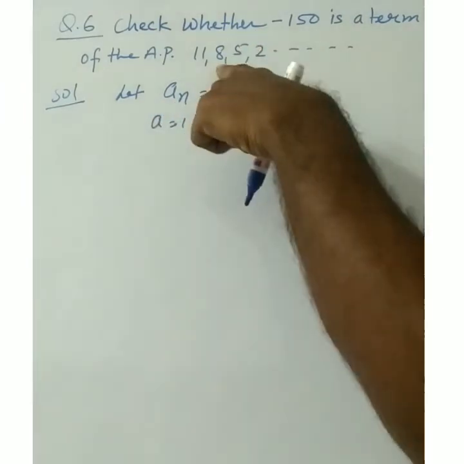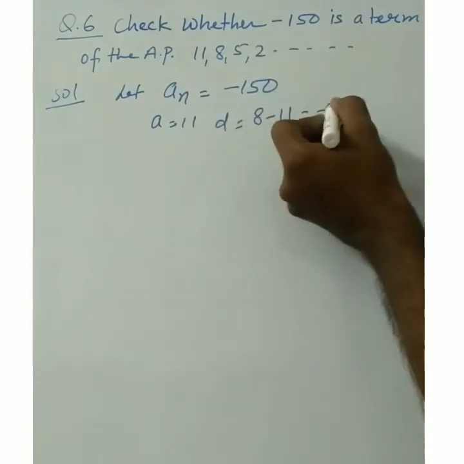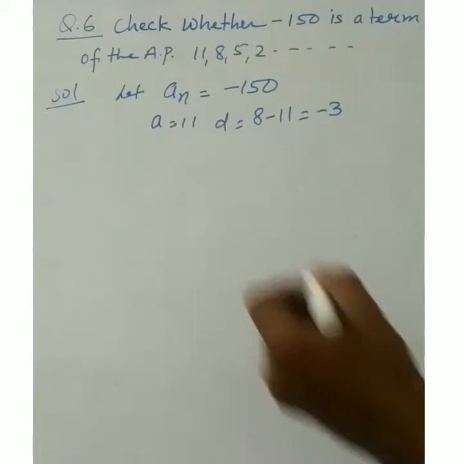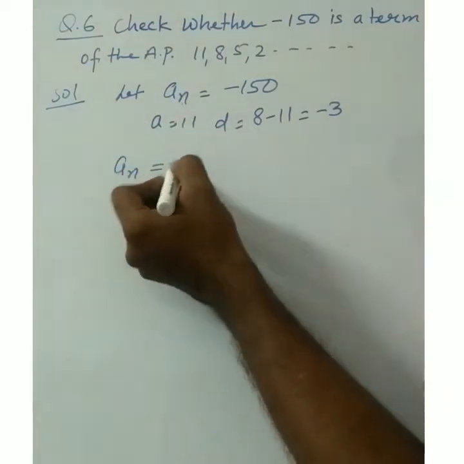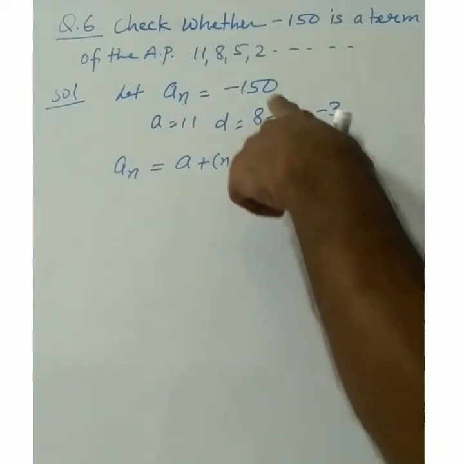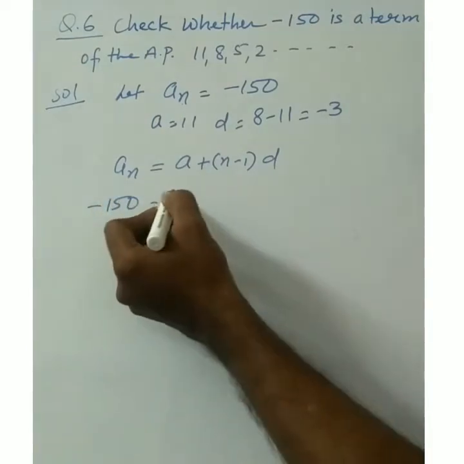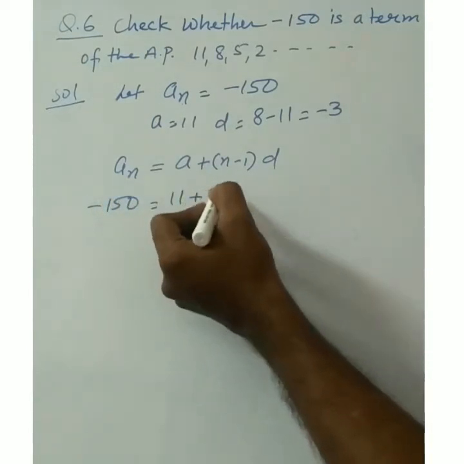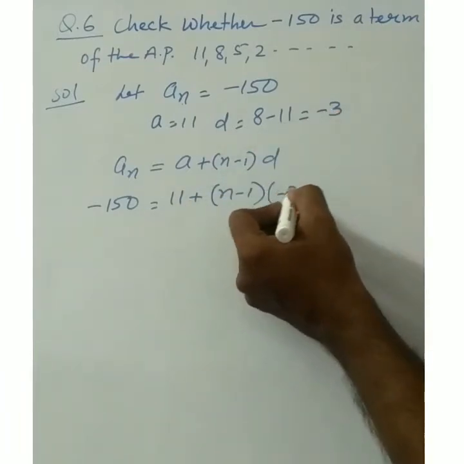D is second term minus first term, 8 minus 11, which is minus 3. Now we apply the formula of AN. A plus N minus 1 into D. AN is minus 150, A is 11, and we have to find out N, and D is minus 3.